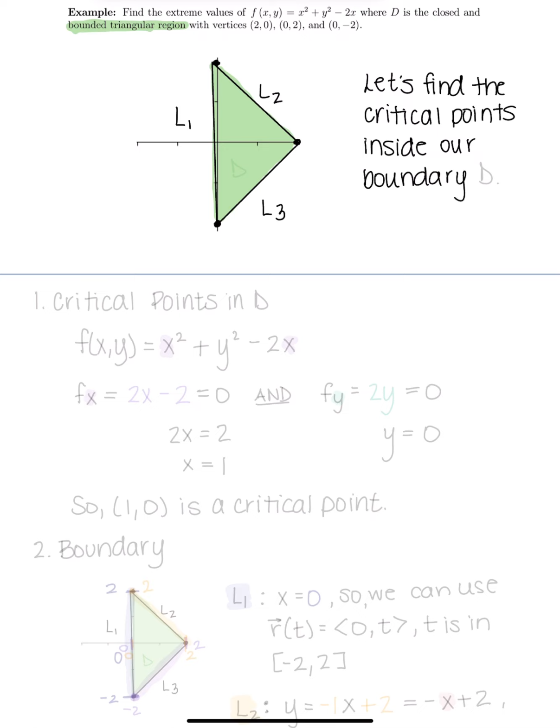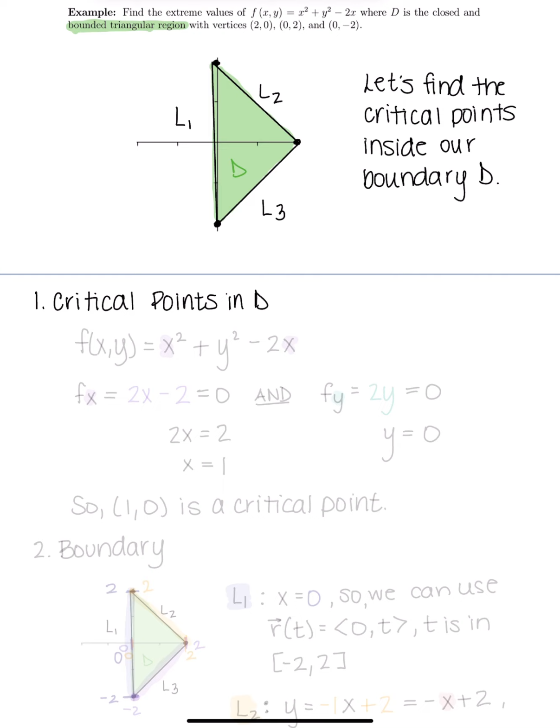They were calling the boundary D. So that's the shaded figure along with the closed part around the boundary. But one thing at a time, we're dealing with our critical points first. So first, we're dealing with our critical points that are inside D.